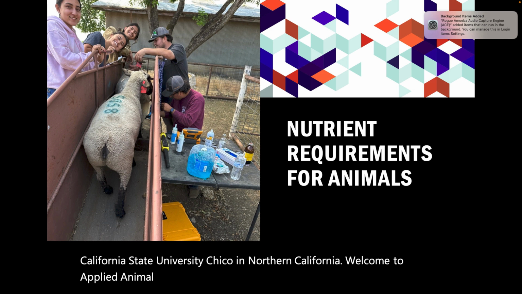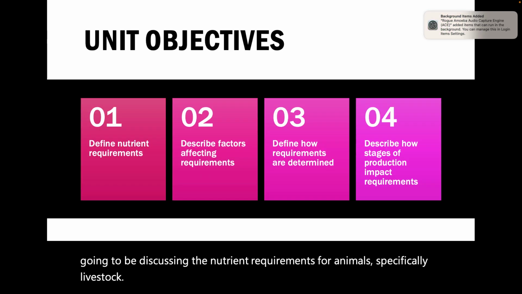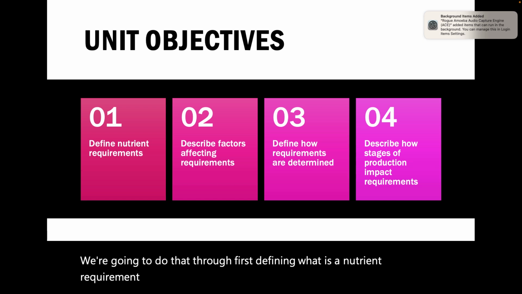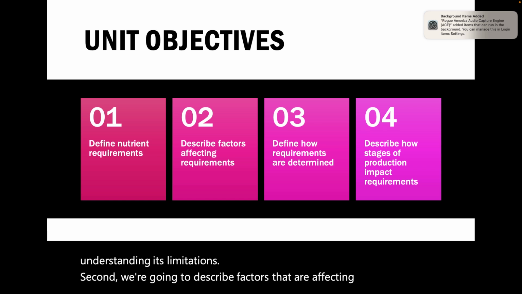This video series that we will be developing is going to be discussing the nutrient requirements for animals, specifically livestock. We're going to do that through first defining what is a nutrient requirement. We're going to talk about what it is and what it isn't, understanding its limitations. Second, we're going to describe factors that are affecting nutrient requirements.